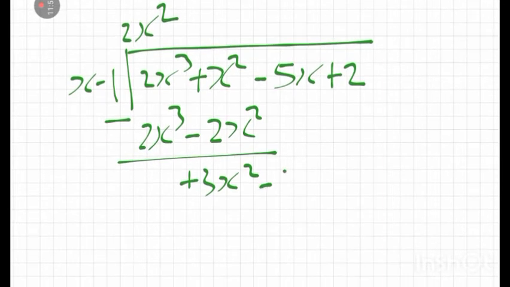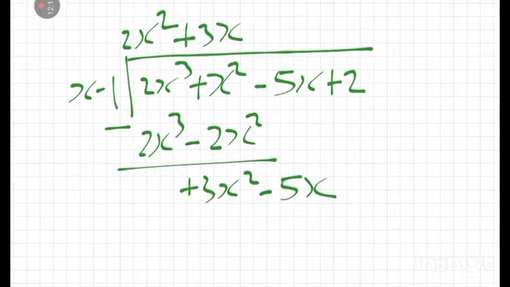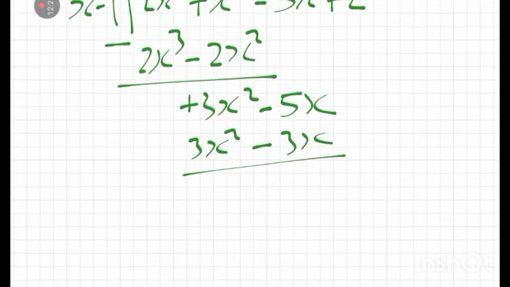Then I will bring down minus 5x. Then I divide again. x goes into 3x squared plus 3x times. Then I multiply. 3x times x, 3x squared. 3x times minus 1, minus 3x. At this stage, I subtract. Minus 5x minus minus 3x, so I have minus 2x. 3x squared minus 3x squared, that is 0.